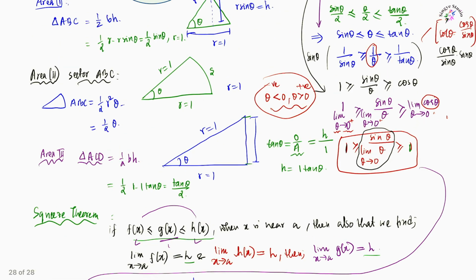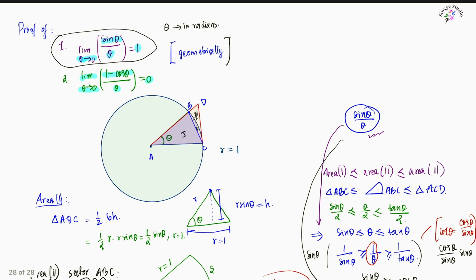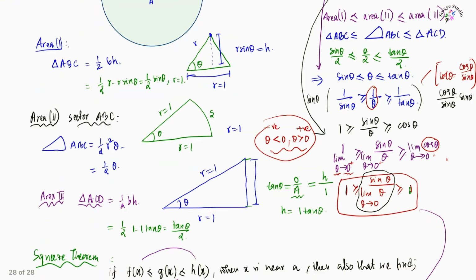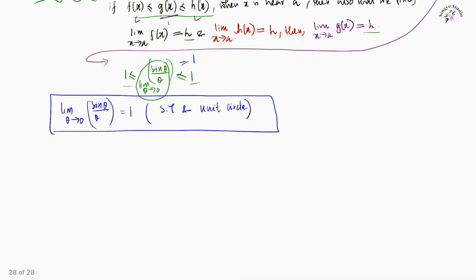Okay, now the second part of the proof is this one: the limit of (1 minus cosine theta) divided by theta when theta approaches 0 equals 0. So we will prove this together because we can make a slight modification to this limit and we can get the result. Notice that this one is for theta greater than 0, but we will apply the same thing after deriving for cosine to evaluate for theta less than 0, which is approaching from the negative side.